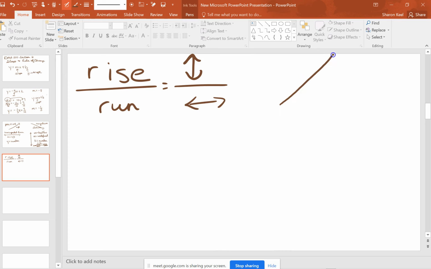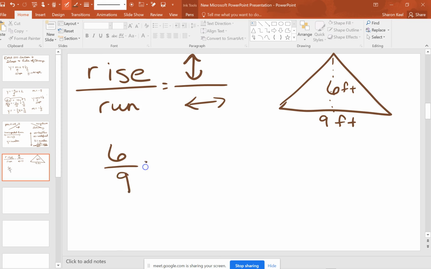So if I had this illustration, and let's say I had a rise of 6 feet and the run was 9 feet, if I'm calculating this, it would be 6 over 9. So I would get a roof pitch of 2/3. Or if they wanted a decimal, it would be a repeating decimal of 0.6 that would continue on and on.